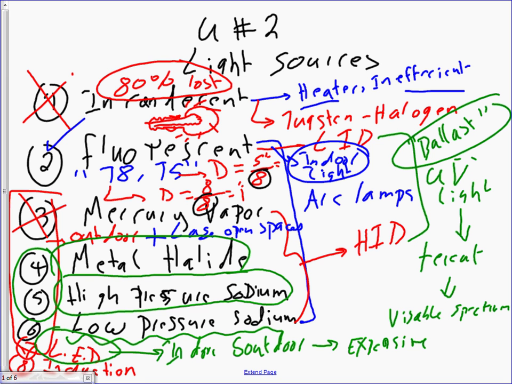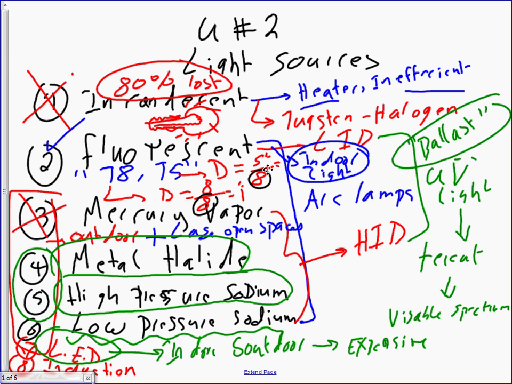So I want you guys to summarize everything that I've done here. Incandescent lamp, open the window, throw it in the garbage. Fluorescent lamp, your fixture of choice if you're doing indoor lighting calculation, office and so forth, is T5 or T8. Mercury kills a lot of animals, we don't want it.